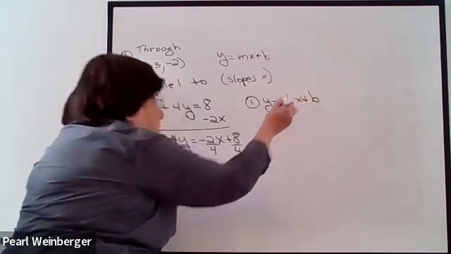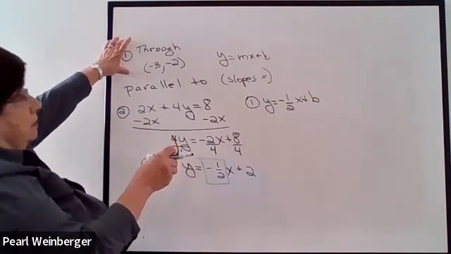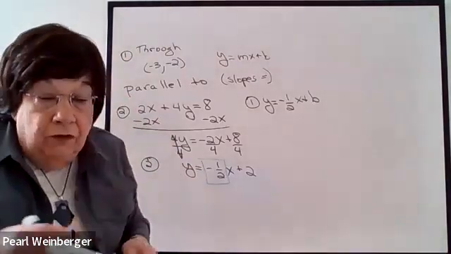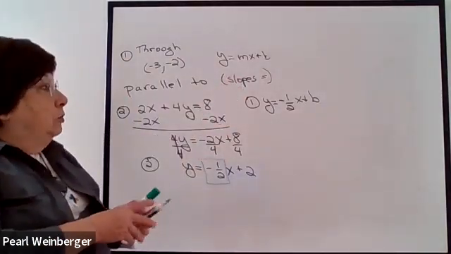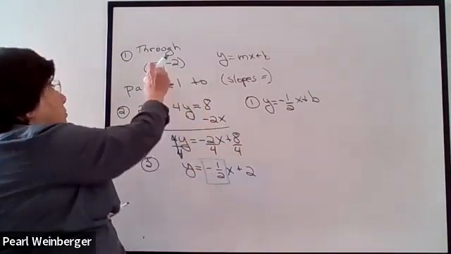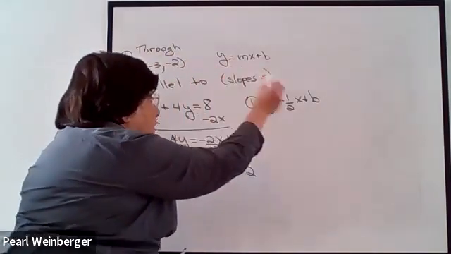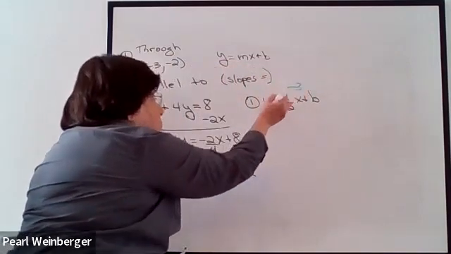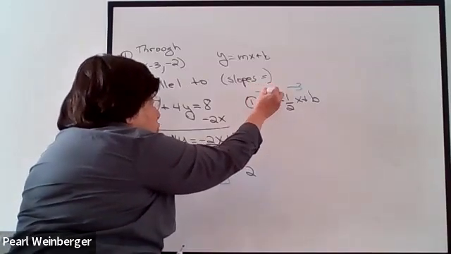We still don't know what the b of this original line is, but we do know its slope. Now remember, when we're writing an equation, the first thing we want to do is find its slope. We did, we found its slope. So now we're going to take the point that I gave you, which is the point -3, -2, and stick it into the equation. Where my x is, I'm going to put -3, just like we've been doing before. And where my y is, I'm going to put -2.